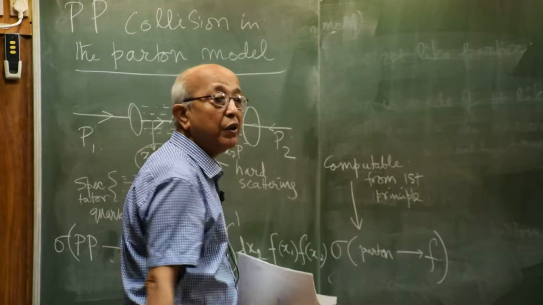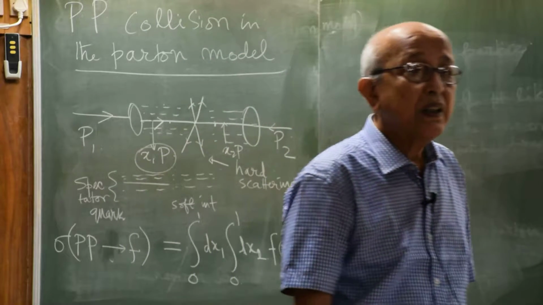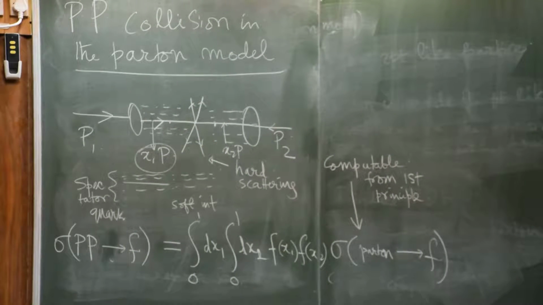We are home. We calculate PP scattering. So from theory, which is quantum field theory, and from experiment, which is the determination of the photon density function, we get the ingredients for doing this calculation. The calculation of course has to be done numerically because the photon density functions are complicated, but at least the structure of the calculation is clear.